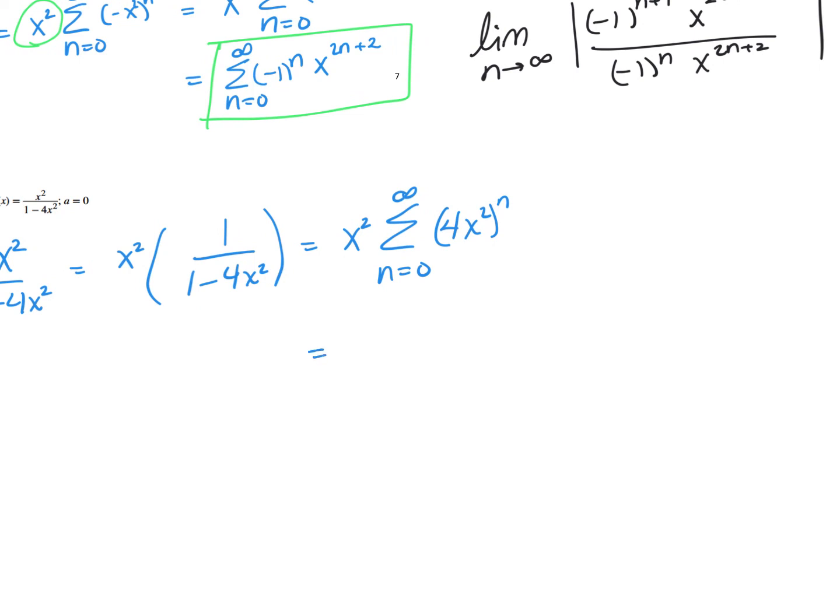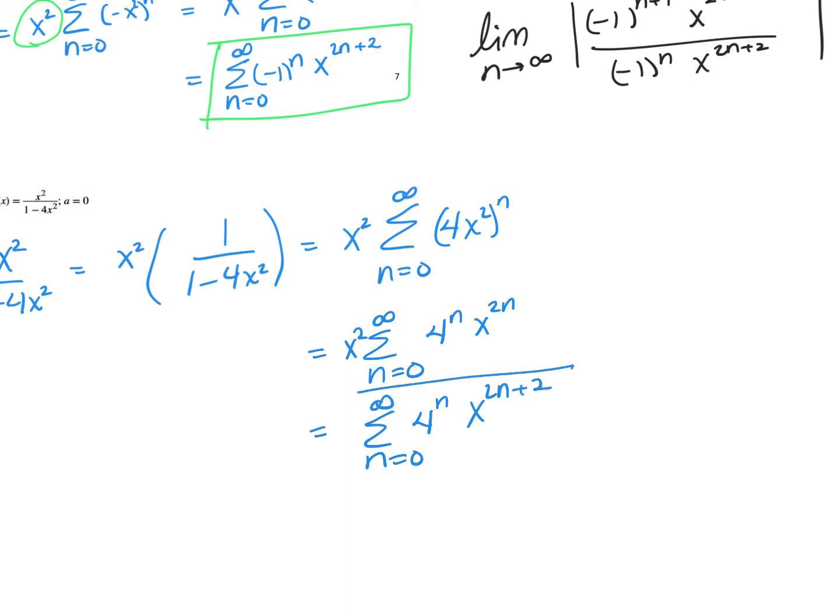So this is going to be equal to the summation of n equals 0 to infinity of 4 raised to the n, x raised to the 2n. Still have the x squared out front. Now I'm ready to bring in this x squared. And so this is going to be the summation of n equals 0 to infinity of 4 to the n, x to the 2n plus 2.